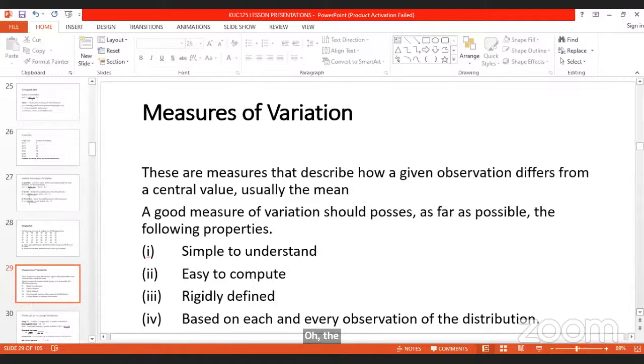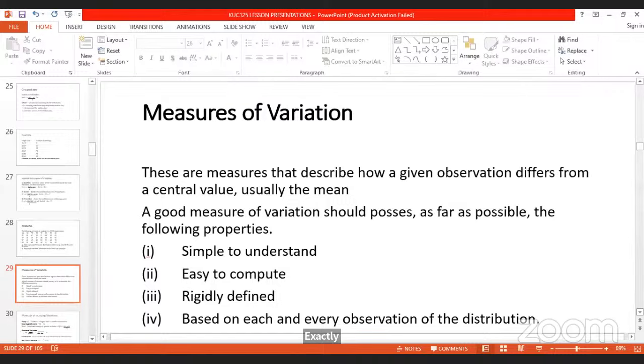So when we talk of variation, variation means a change arising and a change that gives us a difference. So when we talk of measures of variation in statistics, we are focusing on those measures that describe how a given observation differs from a central value. And this central value is normally the mean.